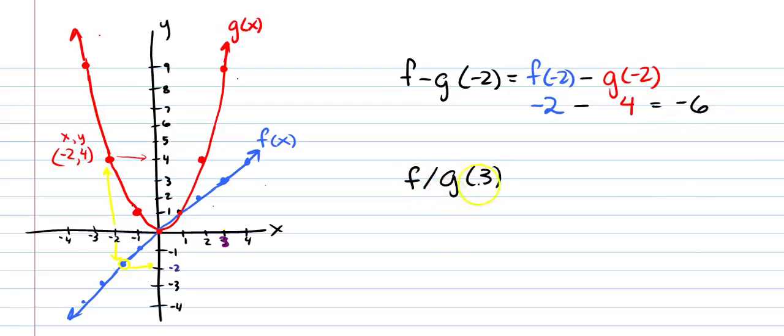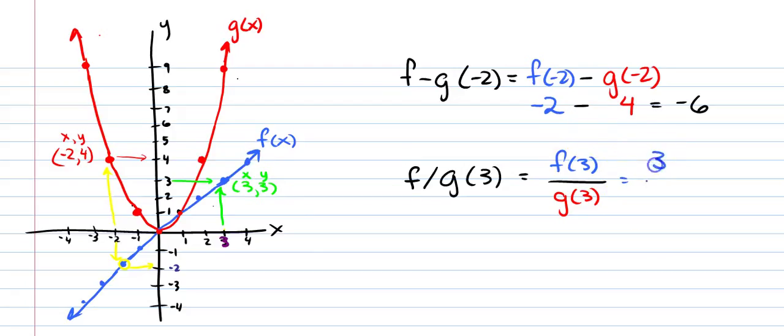F divided by G of 3. Well, that's going to be F of 3 over G of 3. This means F of 3, when X is 3, F is also 3, because that's the point 3, 3. When x is 3, y is 3.